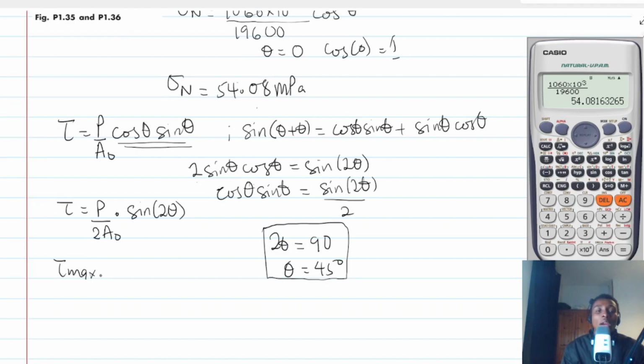So our maximum shear stress will be the load, 1060 times 10 to the power 3, divided by 19,600, times sine 90, which is 1, and then divided by 2.